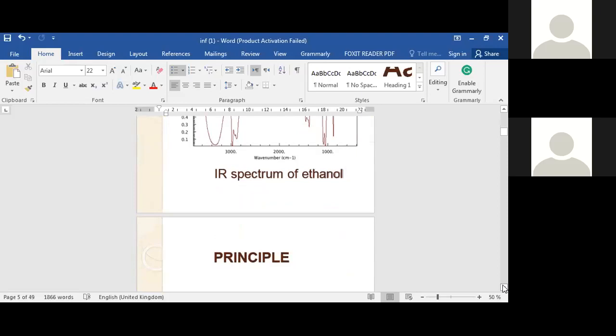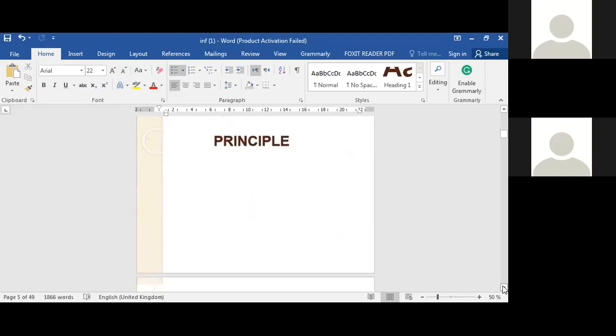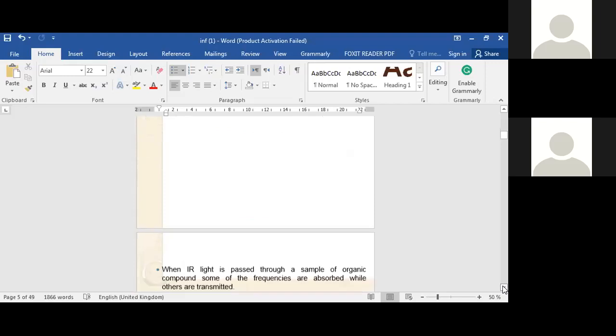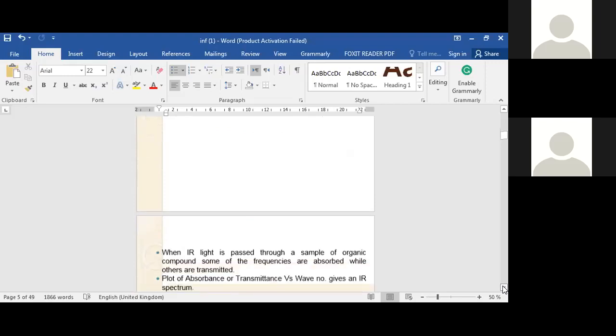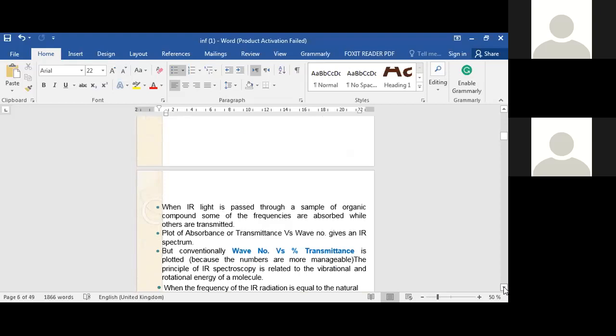So what are the principles for IR spectroscopy? As in the UV visible, the transitions from lower to higher level of energy cause the UV spectrum.